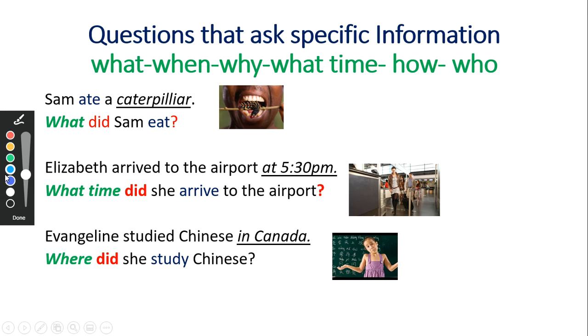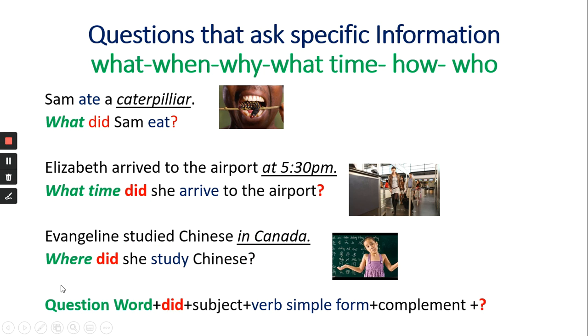So I have my question word where, did, the auxiliary, she in reference to Evangeline, study, the verb, again, in its simple form. In affirmative it is in past, in question, the verb goes back to its simple form, and the complement, Chinese.